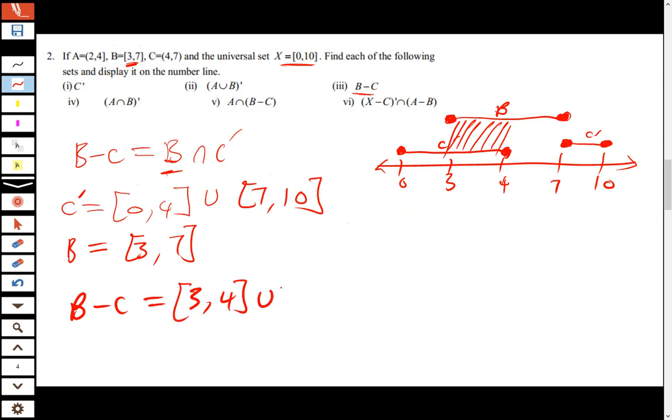Then we say union. Then this point, since this is just one number, if it was a region, we would have written it in this format, but since it's just one number, you write it using these brackets.